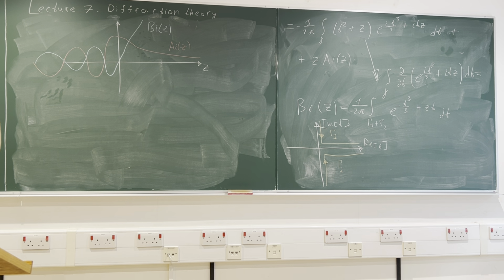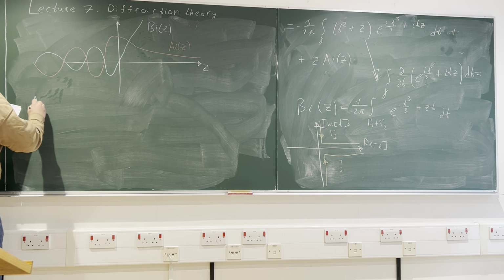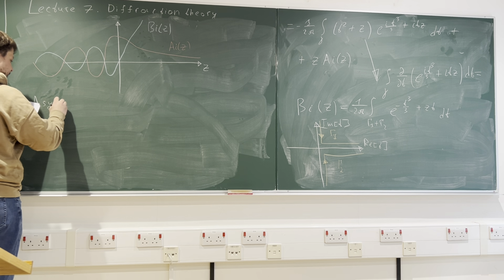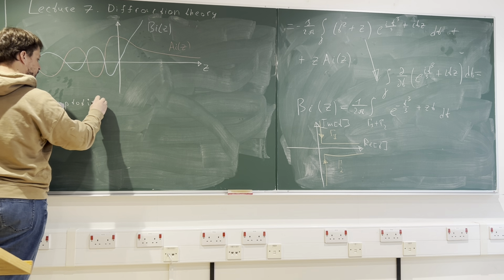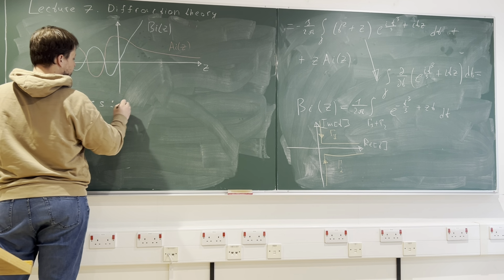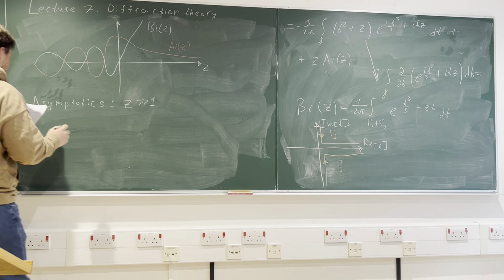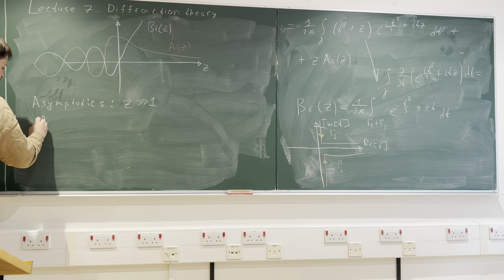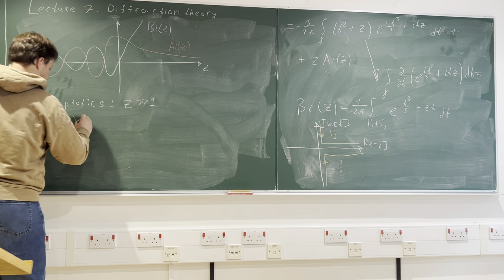And if you are smart, you do asymptotics. And if you are not smart, you open Wikipedia and find asymptotics on Wikipedia, which is also okay. And I'm curious about the negative z. So it behaves like this.